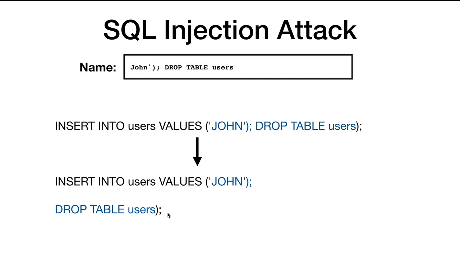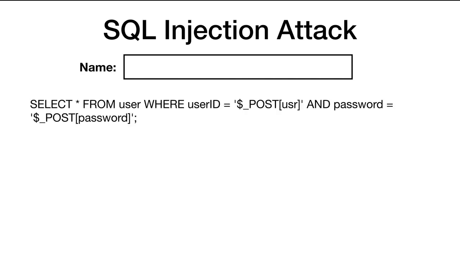Here's another example. Let's say what we are doing is reading the username and password from a database, and we're checking to see if the user ID equals what was input and the password is what was input.